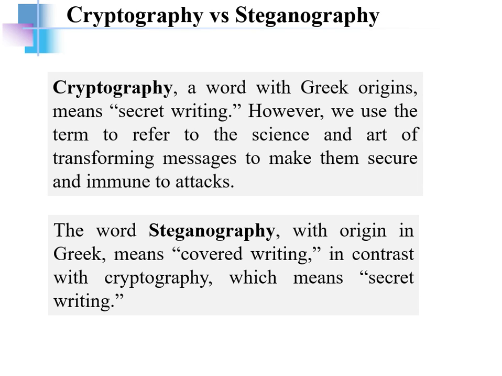So here is the second one, steganography, with origin in Greek, meaning covered writing, in contrast with cryptography, which means secret writing. Cryptography means concealing the content of a message by enciphering.